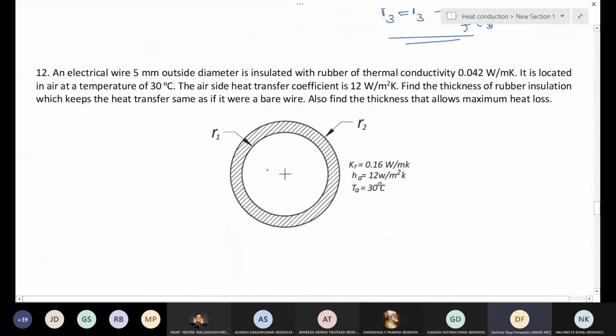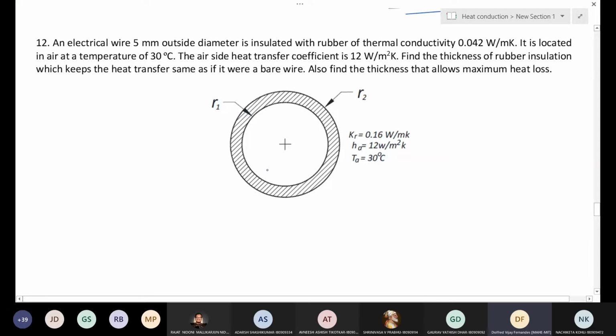Another similar problem is there, that you can do. I'll tell you anyway. An electrical wire of 5 millimeter outside diameter, so the wire radius R1 is 5 by 2, or 2.5 millimeter.